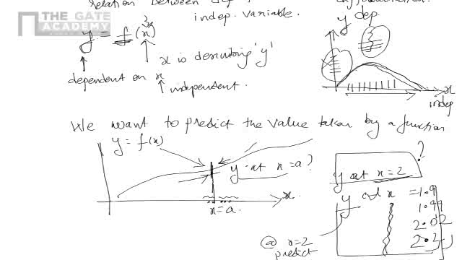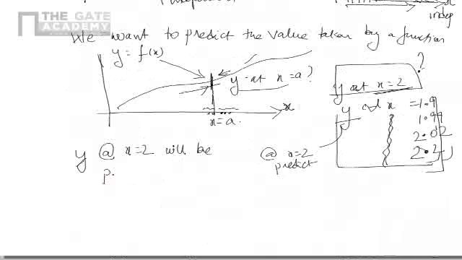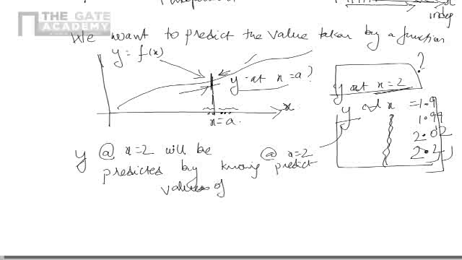So from this I can say that the value of y at x equal to 2 will be predicted by knowing values of y at x equal to 1.9, 1.99, 2.02, 2.2, like this.